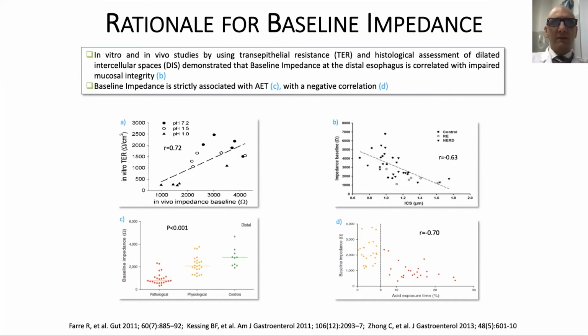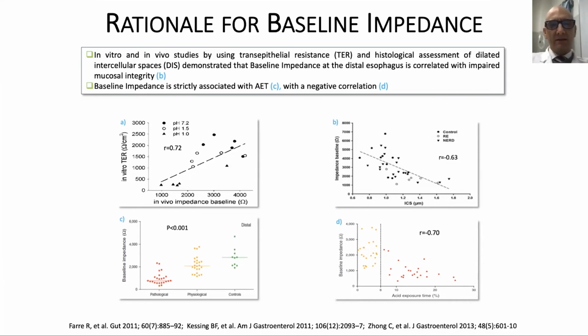This group showed a positive correlation between in vivo basal impedance and in vitro transepithelial resistance value. And the authors suggested that impedance-based measurement might be used to evaluate the impaired mucosal integrity in acid-induced heartburn.